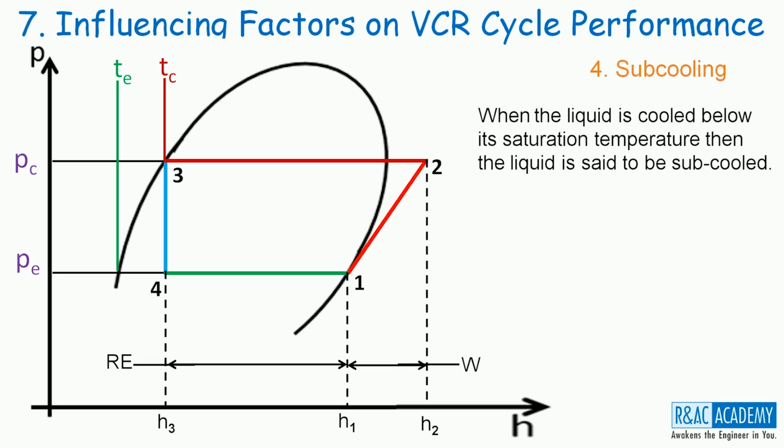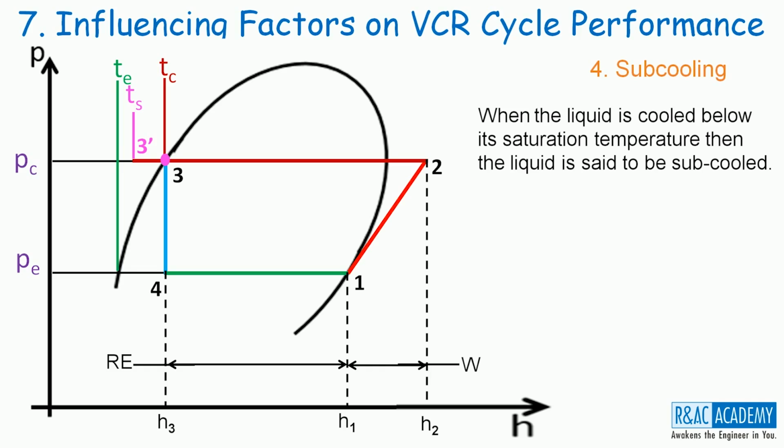Among these 4 states, we could clearly see that the refrigerant exists as saturated liquid at state point 3. And whenever the saturated liquid refrigerant at state point 3 is cooled below TC to, let us say, state 3', then the liquid is said to be subcooled.